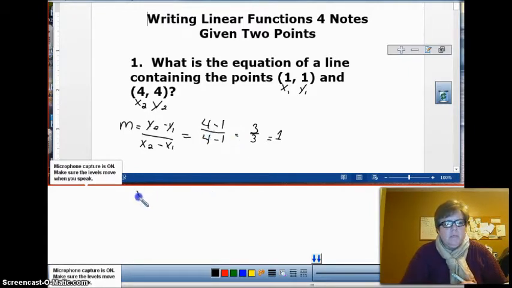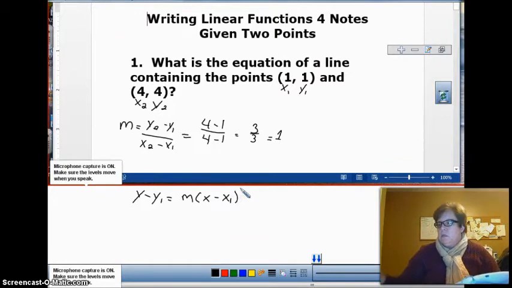Alright, so my point slope form was y minus y1 equals m times x minus x1. And I'm going to consult the other side of my chart, because that's where I wrote my formula. And so the y1 and the x1, it says come from the point.